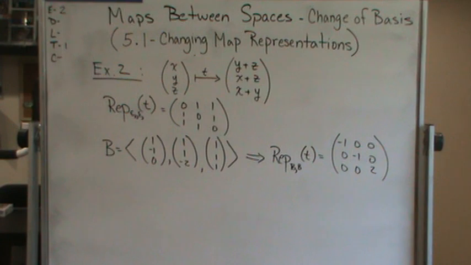Now, we also say, just since this came up, that a map or matrix has been diagonalized when we find a basis such as this one, where the representation is a diagonal matrix with respect to B and B, the same starting basis as ending basis.